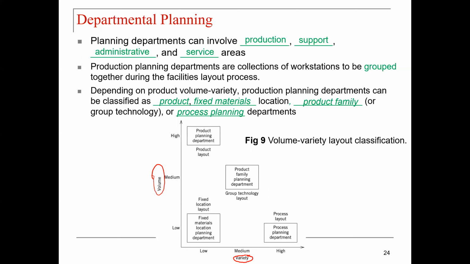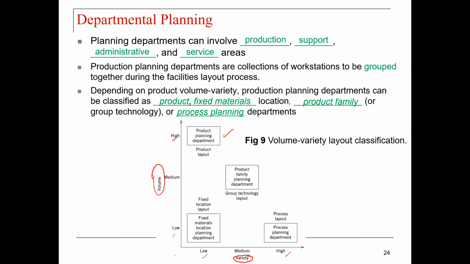So for instance, if we look at a process in which the variety is very low and the volume is very high, then the product planning department or product layout will be a better strategy for designing your departments. On the opposite side, if we have a low volume and a high variety, then process layout will be a better strategy for you.